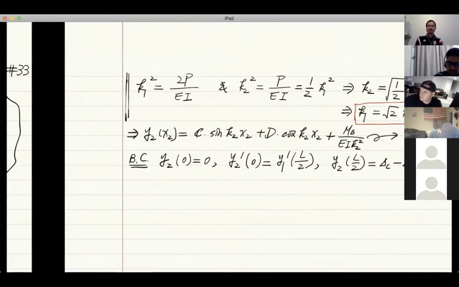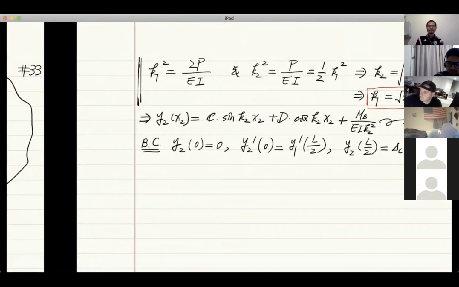So I'm not going to go through the math because I think that you can figure this out. So by plugging in these boundary conditions, we can find out these coefficients. And the coefficient C turns out equals to MA over EI K1, K2 times sine KL over 2.